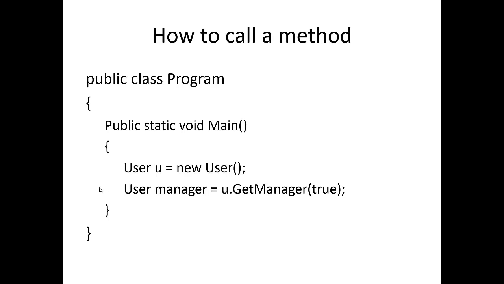So we have a user u, where u is the name of the user variable. On the second line we are calling u, the user object, dot get manager, which is our method that we just saw previously, and we're passing into it true as a parameter. What it's returning back to us is a user object that we're then storing in the manager variable.